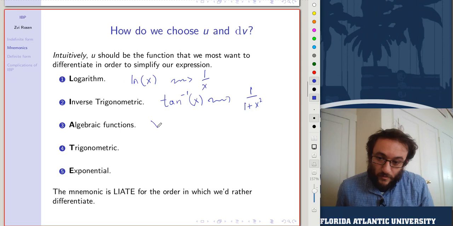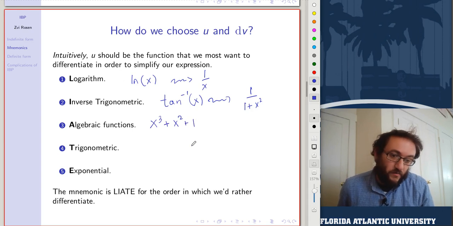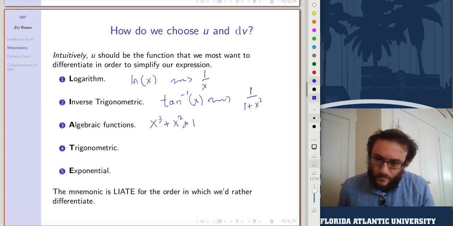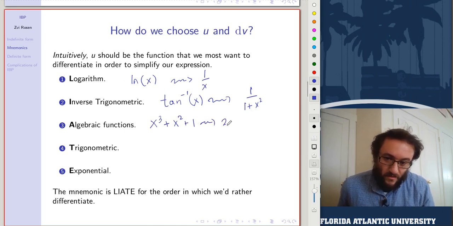Similarly, when we have an algebraic function, x cubed plus x squared plus 1, and here we're talking about things like polynomials, rational functions, powers of x, things like that. When we take the derivative, we get another polynomial, but it's a simpler polynomial.